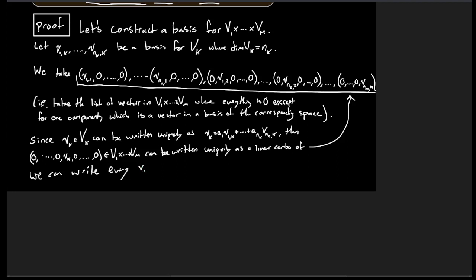We can write now every v1 through vm, little v's here, in the product, I'll say uniquely, as a linear combo of that. Okay.